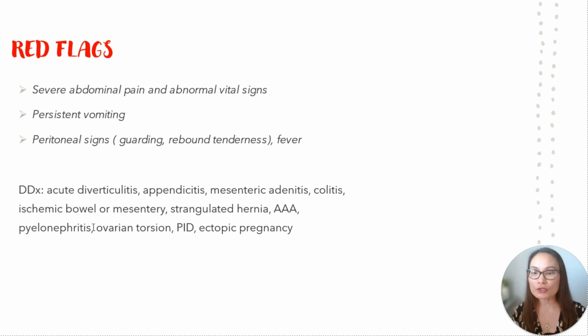Your differential diagnosis for patients coming in with the red flags is going to be acute diverticulitis, appendicitis, mesenteric adenitis, colitis, ischemic bowel or mesenteric ischemia, strangulated hernia, your AAA, pyelonephritis, ovarian torsion, PID, ectopic pregnancy. Okay, so transfer your patient to emergency for prompt evaluation and treatment.